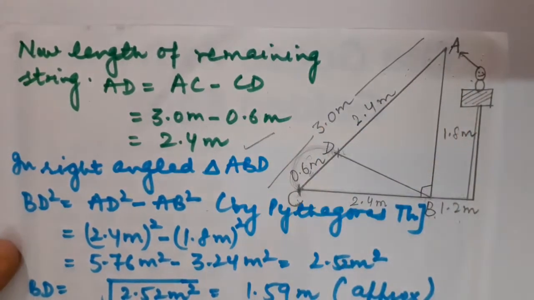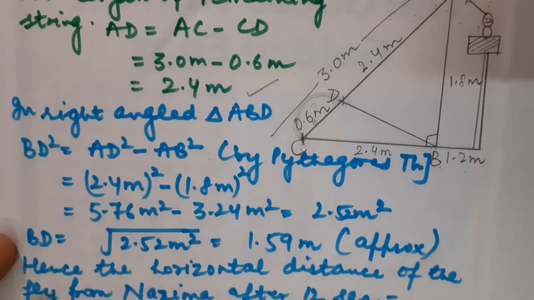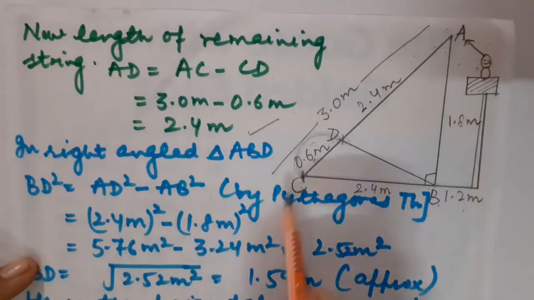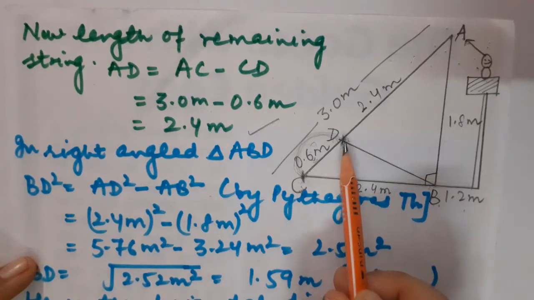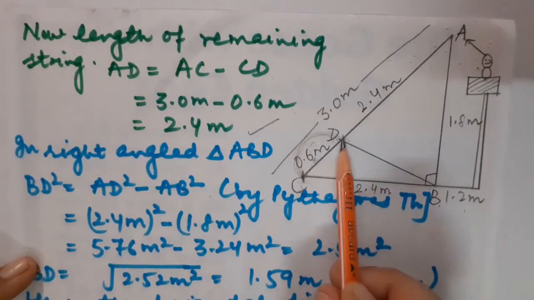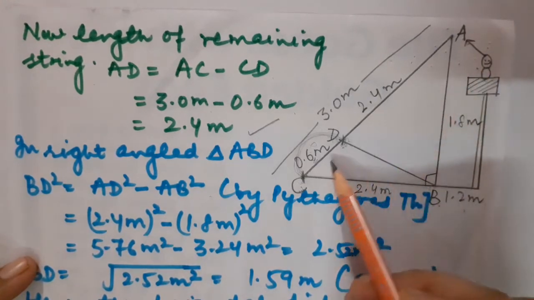Clear? Now children, let me tell you what we have to calculate. We have to calculate the horizontal distance of the fly, means of the bait, from her. She is sitting over here, but we cannot calculate the distance like this.